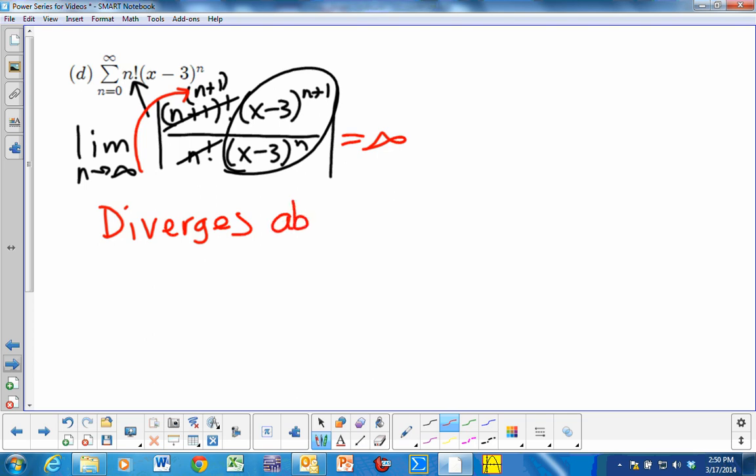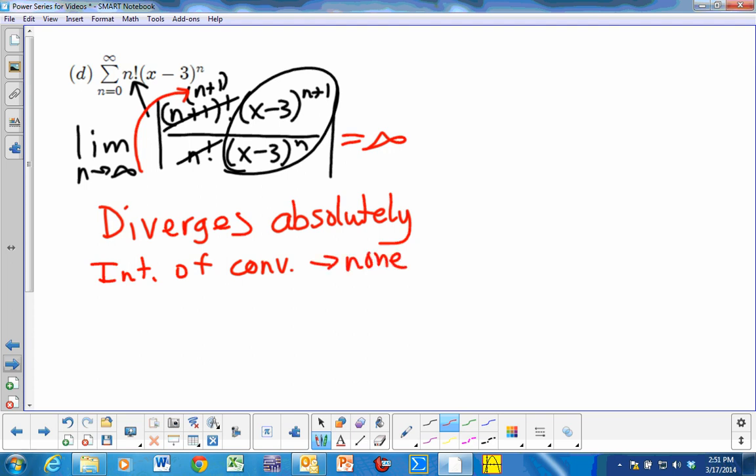So this diverges absolutely. That just means in absolute value, which in this case didn't matter. It could be negatives if x was negative. And so the interval of convergence is going to be, well, none, because it doesn't converge anywhere.